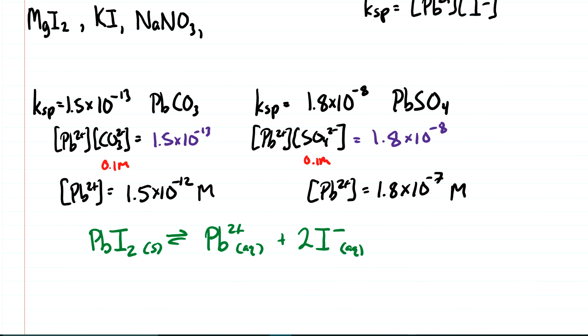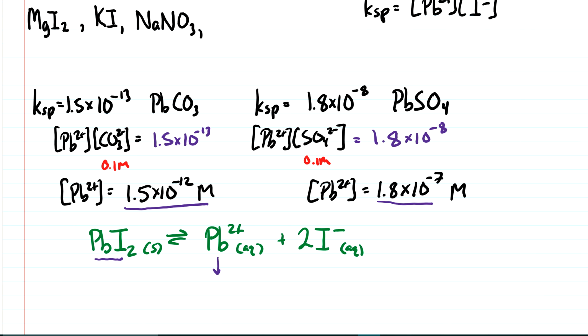Okay, I'm going to just restate that again. Sorry, I think I might have said that backwards. So the lead concentration possible in the one that has the carbonate is 1.5 times 10 to the minus 12. So that's this number here. And so what that would mean is that as we're adding the lead iodide, the lead ions would be being removed as that's occurring, as would be the case for the other compound here.